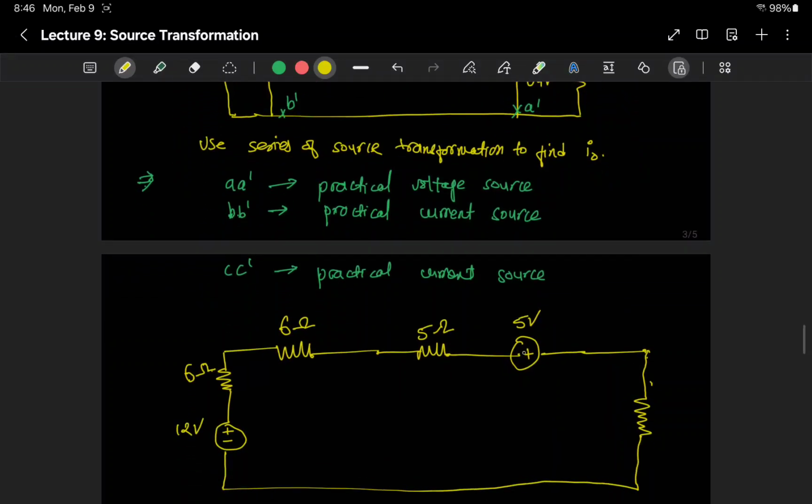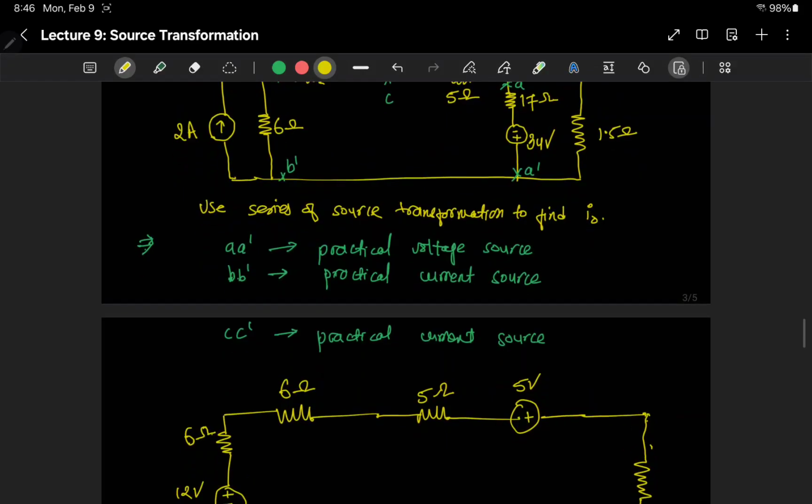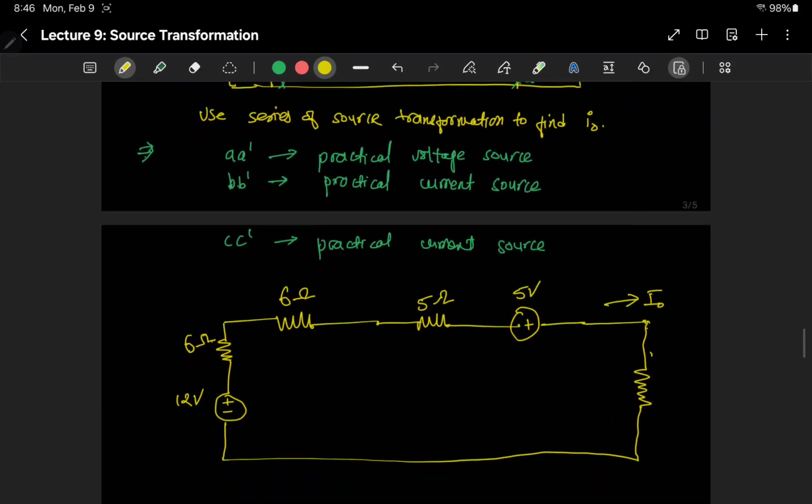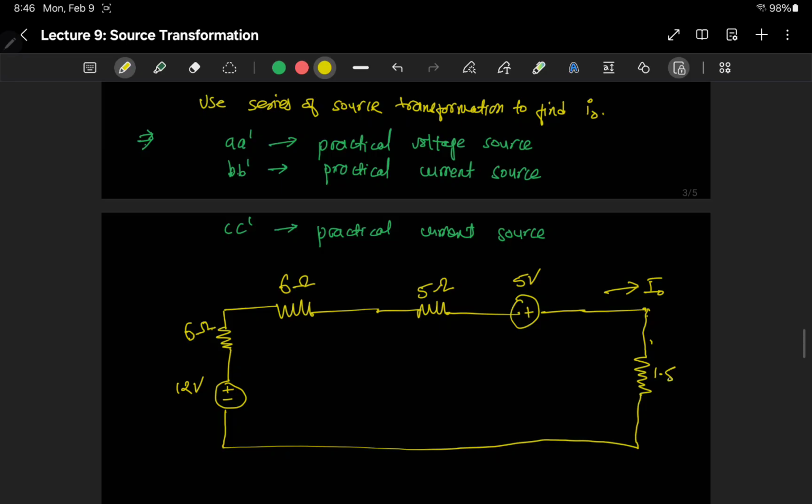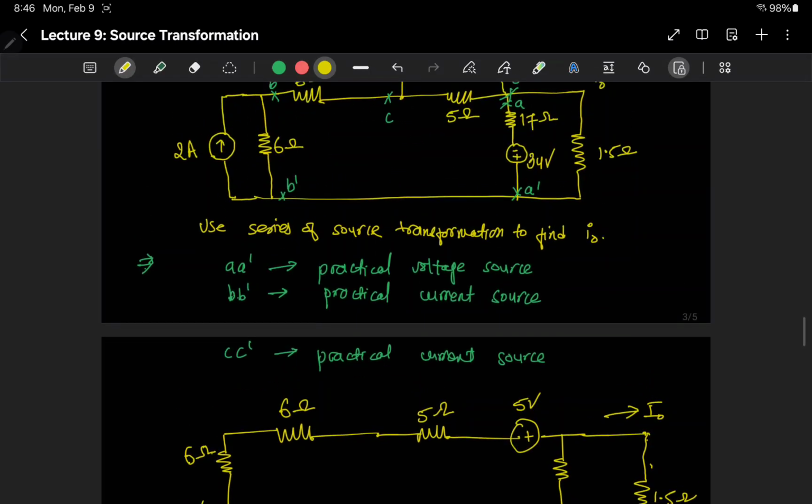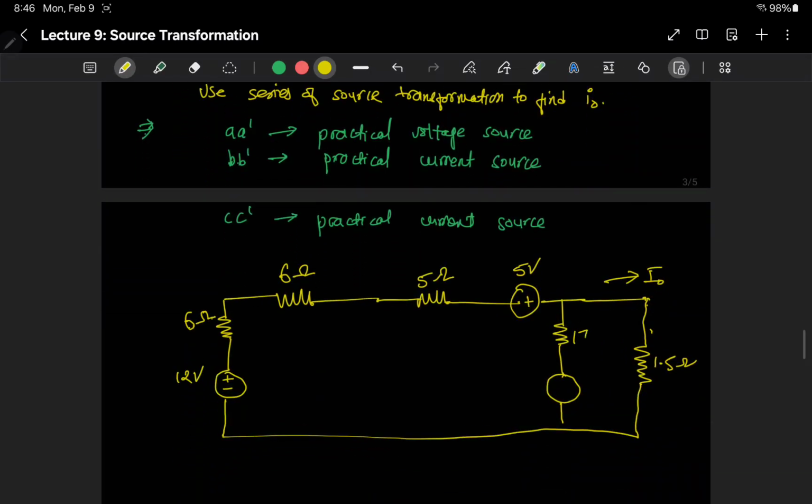So the current is exiting from this side, so this side will be positive, and we have this part remaining to draw. So I naught, this is the 1.5 ohm, and we still have this resistor, 17 ohm, and this voltage source here, 34 volts, right? So 34 volts.